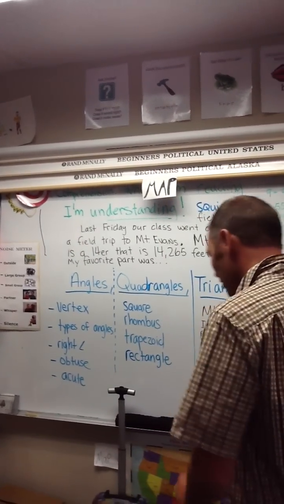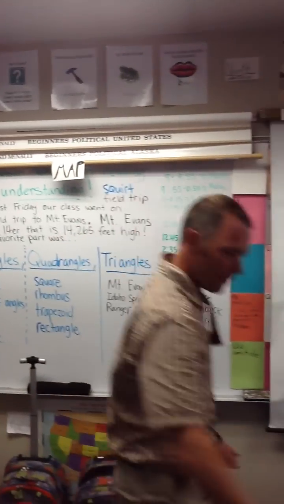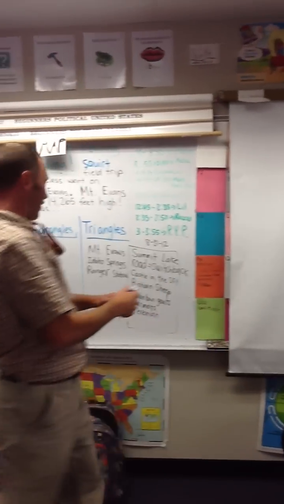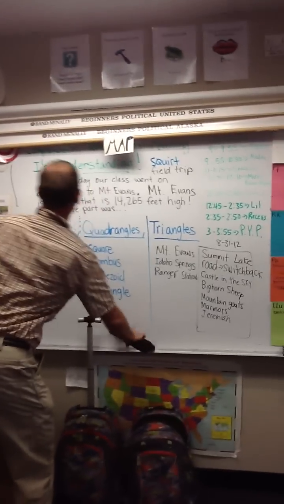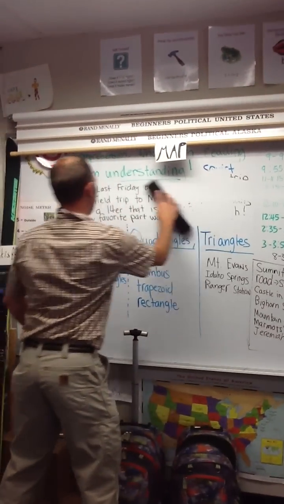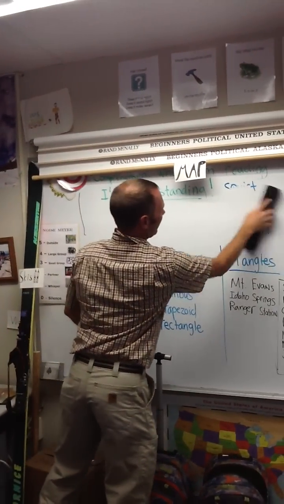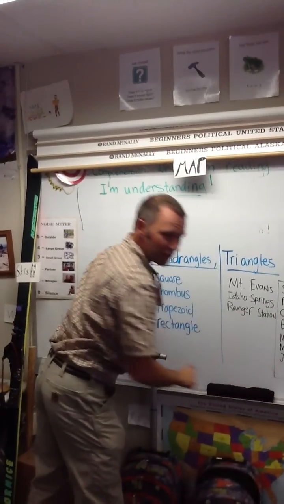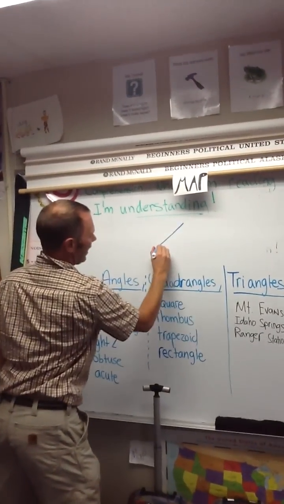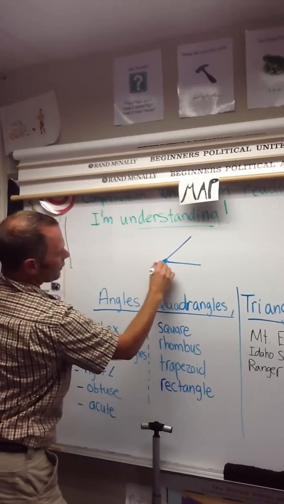So, another quick example. We can name angles. Let's see. I'll get rid of the Mount Evans information. We can name angles according to the vertex.